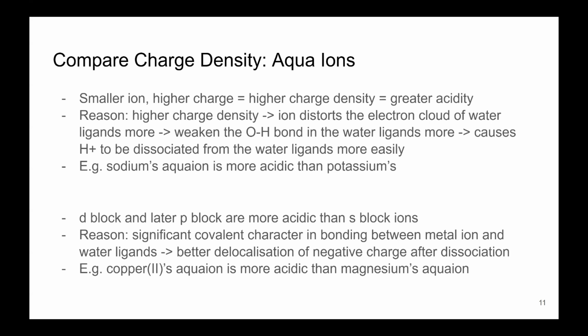After you dissociate a H plus from water, you get OH minus, and the minus charge on the oxygen can better delocalize into the system of the aqua ion, and that will help stabilize the resulting conjugate base. So for example, copper 2's aqua ion is more acidic than magnesium's aqua ion because copper 2 is in D block while magnesium is in S block.